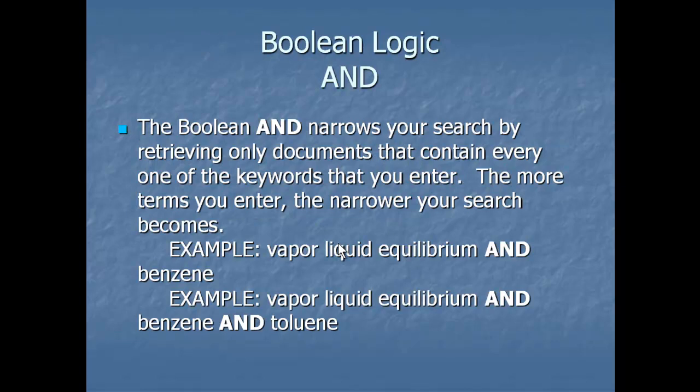Okay, when you do a database search, it's all based on Boolean logic. Same thing with Google, where the Boolean logic is implied. The AND narrows your search by retrieving only documents that contain every one of the keywords that you enter. So an example would be vapor, liquid, equilibrium, and benzene, and toluene.